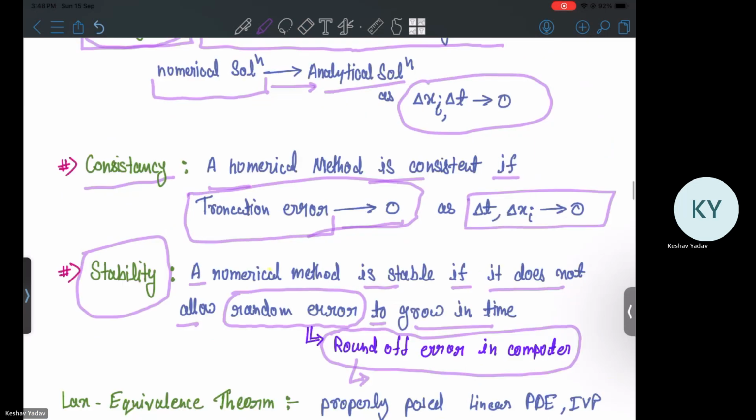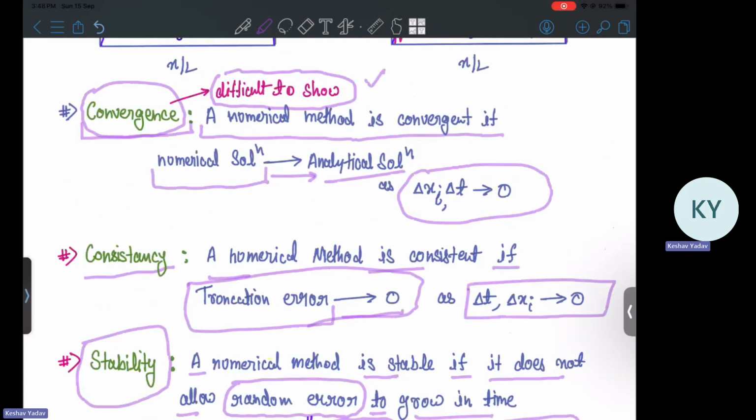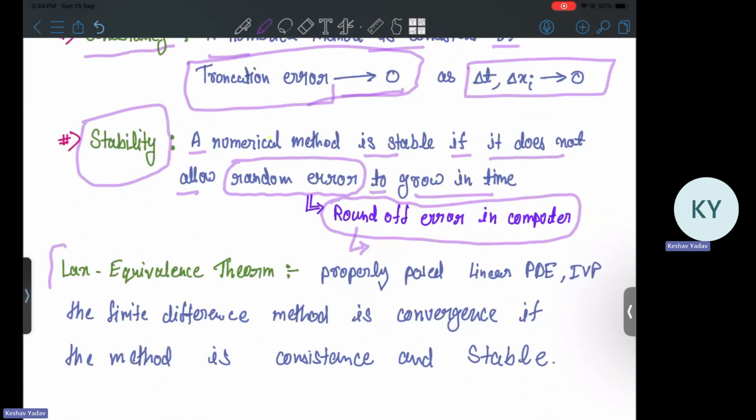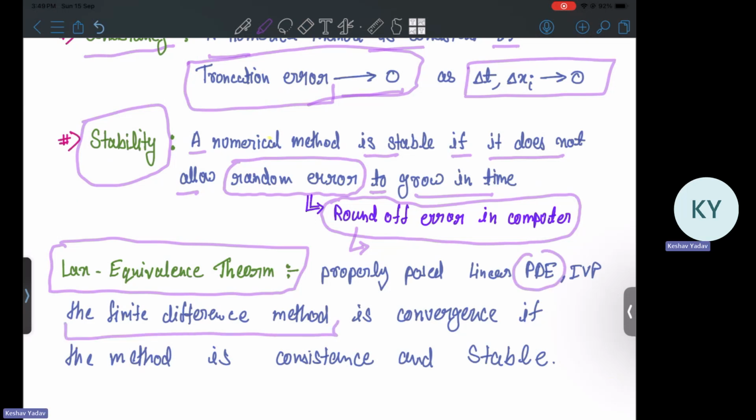We have seen that convergence is difficult to show. So here we come up with a theorem known as the Lax equivalence theorem, which says that if we have a properly posed linear partial differential equation, then the finite difference method is convergent if the method is consistent and stable.